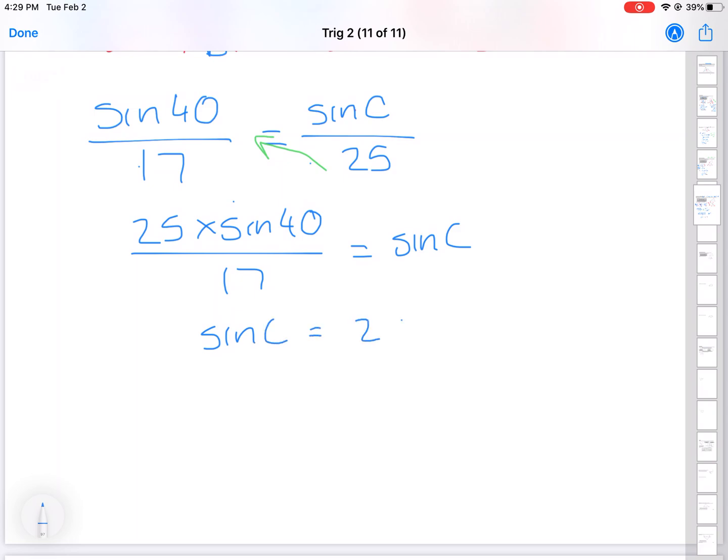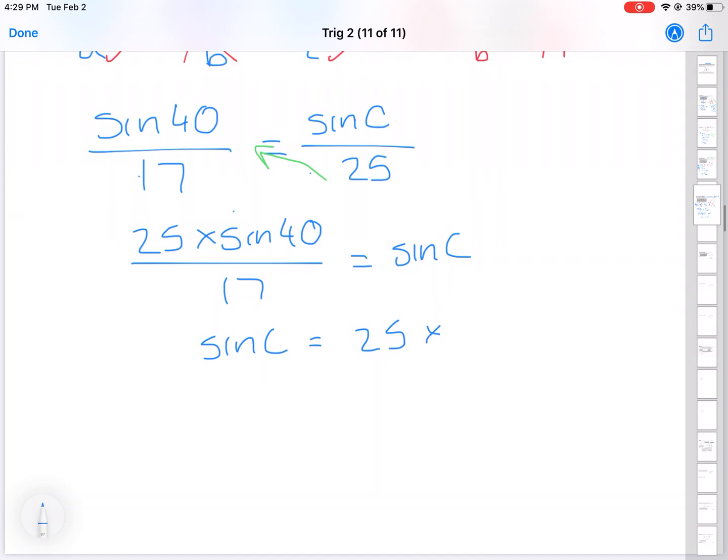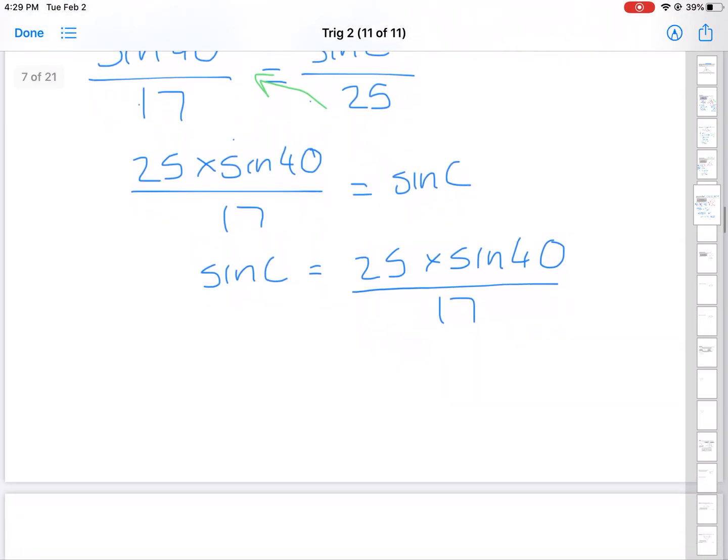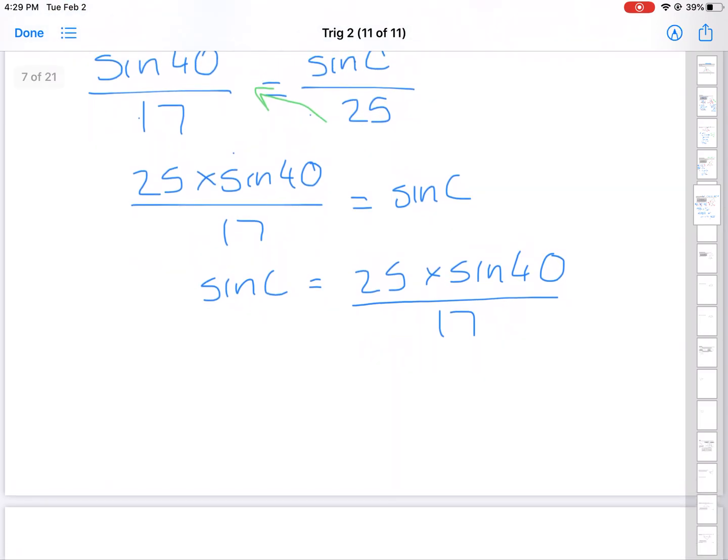Make it sine C equals everything that's on the left hand side. So all I've done here is swap the sides over. The only reason I've done that is because I prefer to work with it that way and have what I'm trying to find on the left hand side.